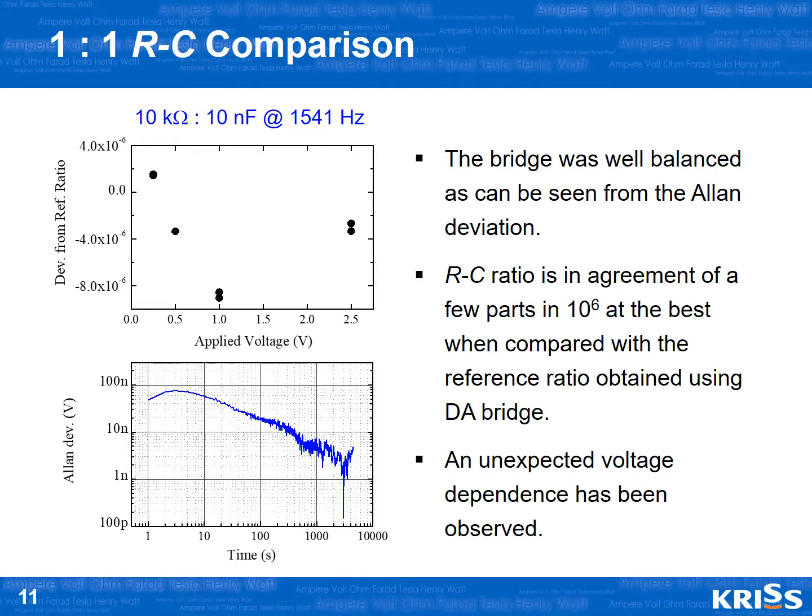From the measurements presented in the previous slides, the impedance standards themselves did not show any evidence of voltage coefficients, and the 1-to-1 ratio measurement for the capacitance worked well for the fully digital bridge. So this voltage dependence will be studied further to find out the cause and effect.